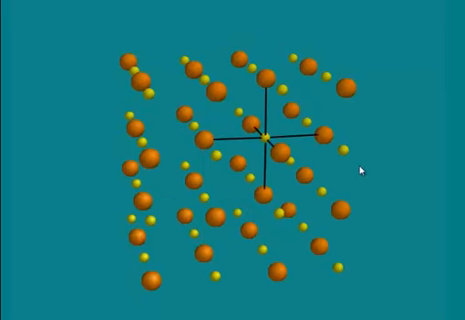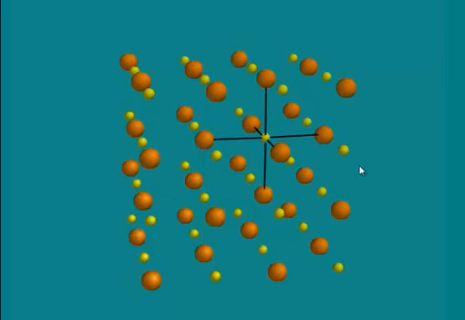So if only the ratio of ions is given, this is called the empirical formula. This is what we call a formula unit for an ionic compound. It's not a molecule, it's a formula unit. It's the simplest whole number ratio between ions.